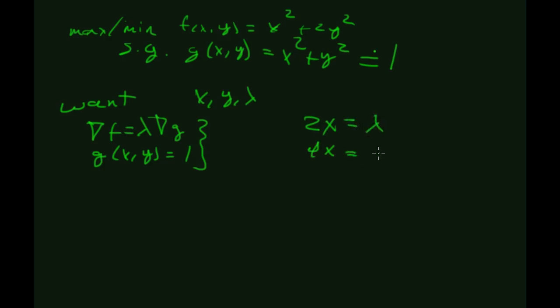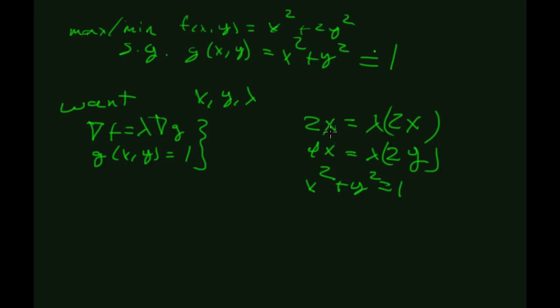The lambdas are there. The x derivative of g is 2x. The y derivative of g is just 2y. So this helps me out a little bit here, and then I also need x squared plus y squared to equal 1. So I have 3 equations, 3 variables. I should be able to find a solution.